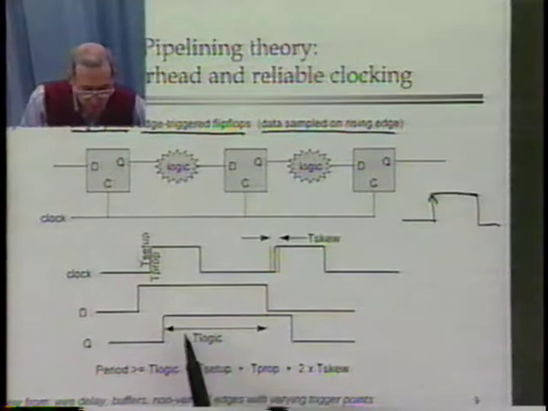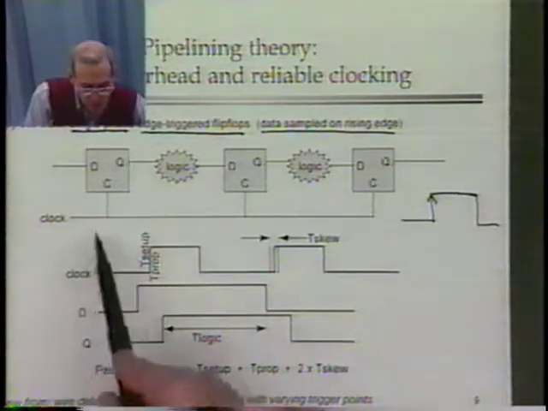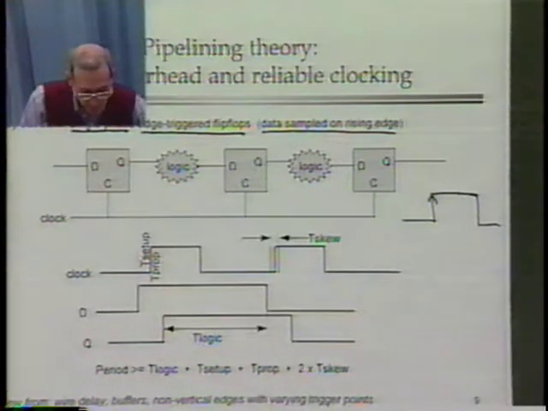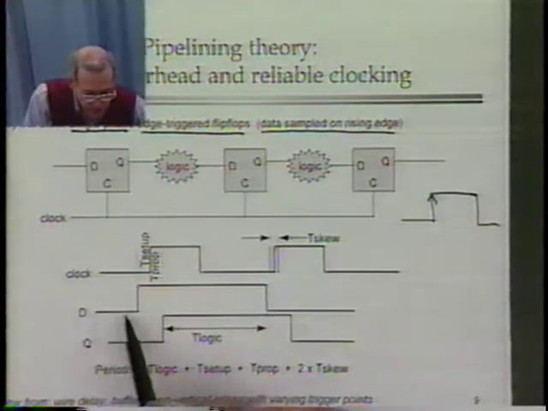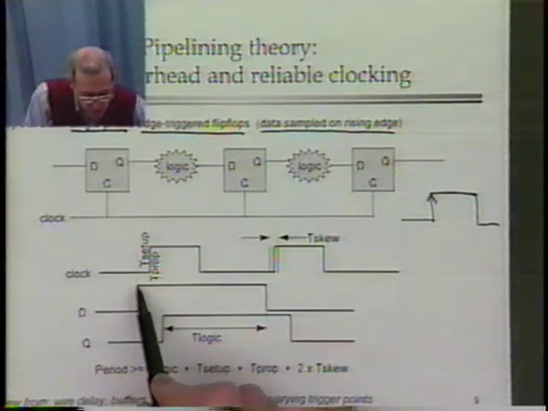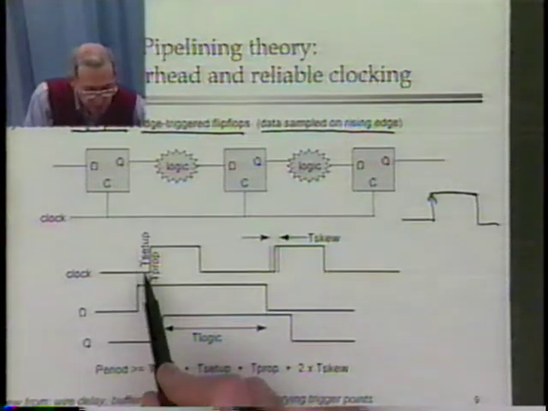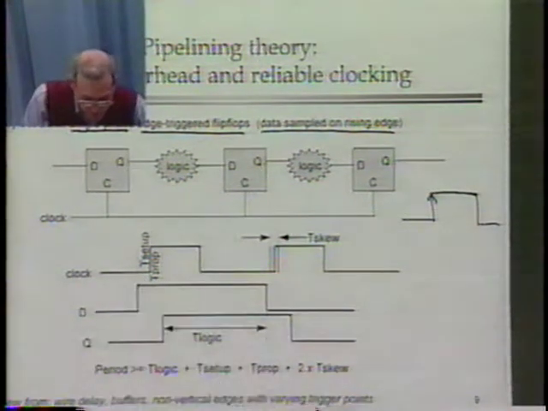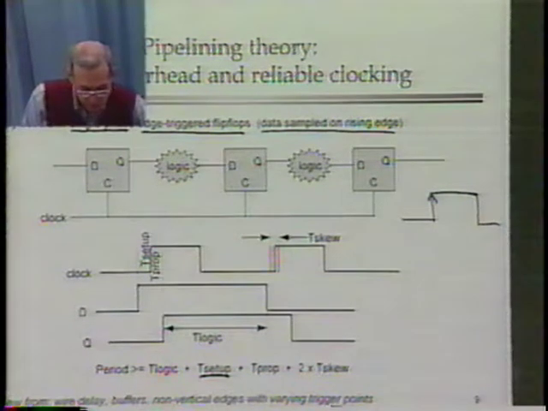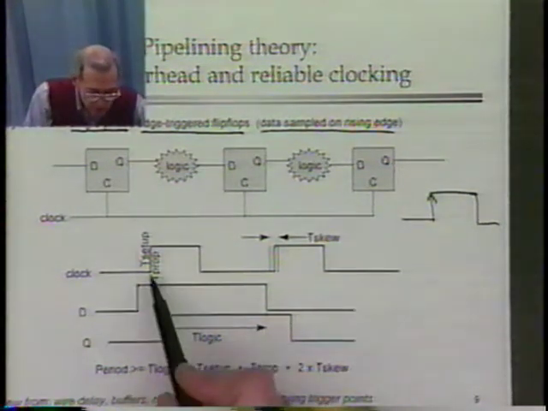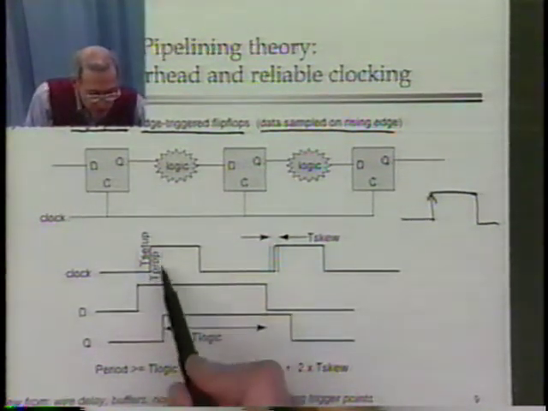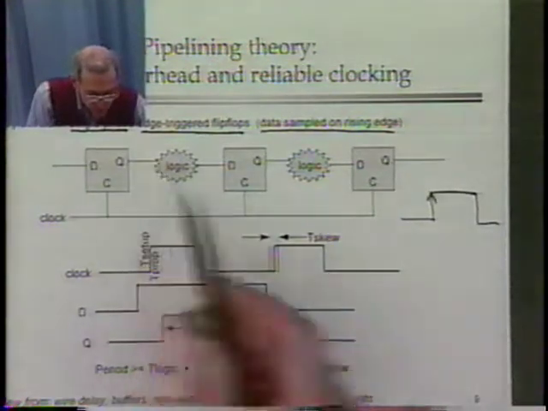So how do we compute the time between clock signals? Well, we know that the data at the input to one clock stage has to be ready, T-setup before the clock rises. So that's one factor in our computation of the distance between clocks. It's going to take T-prop for the data to get to the output of the flip-flop.